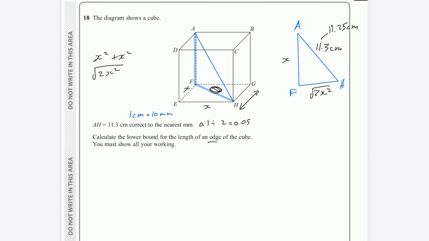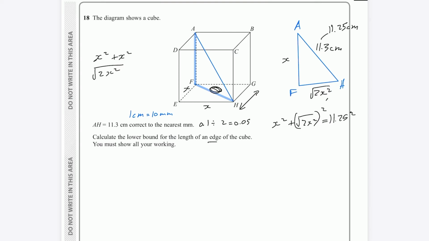And now we can figure out what x is, because we can do exactly what we just did there. If we use Pythagoras again here, we'd have x squared plus root 2x squared, all squared, is equal to 11.25 squared.